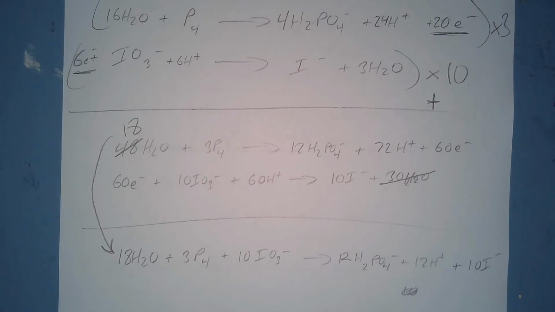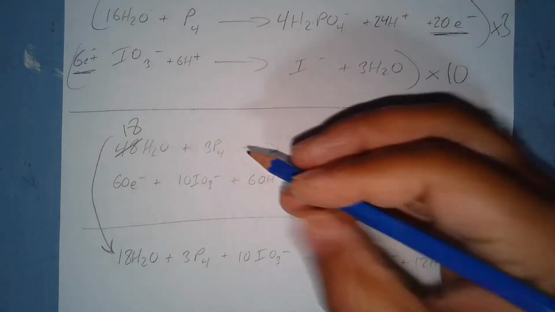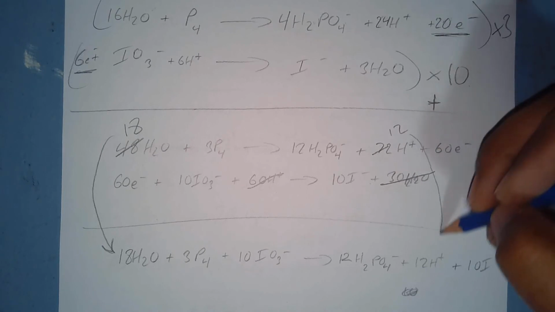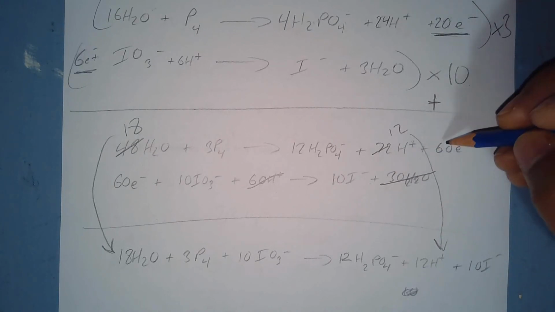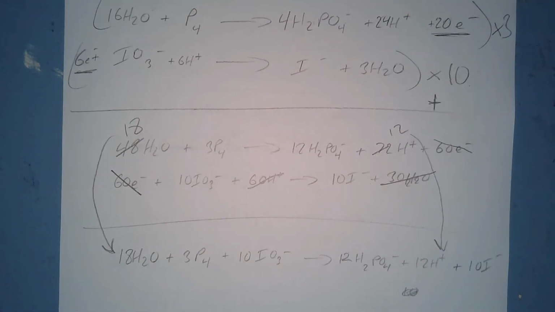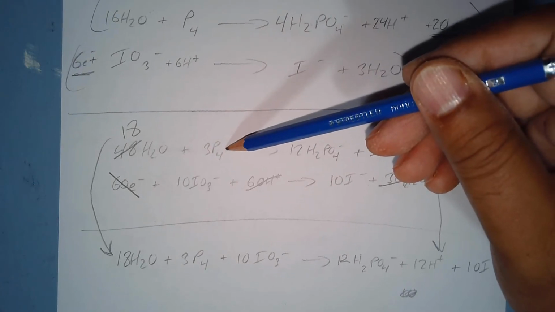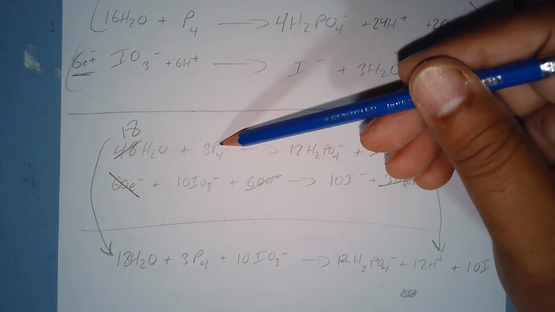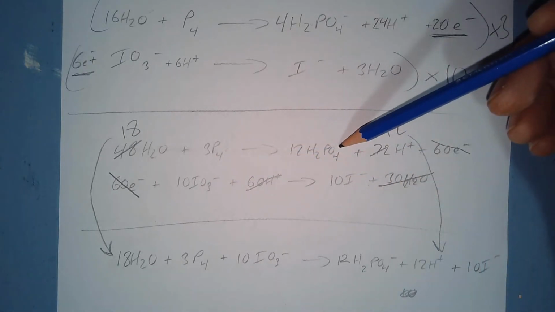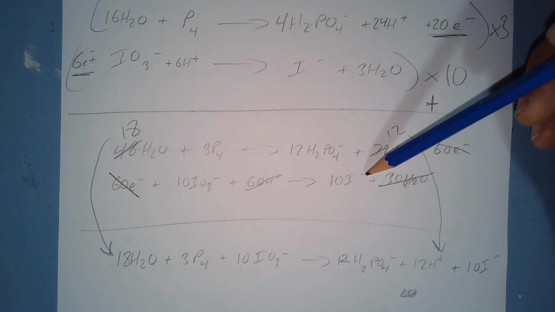You've got 72 hydrogens here and 60 here, so this will go away and you'll be left with 12 over here, which is the 12 here. Notice you have 60 electrons on each side, so that goes away as well. The remaining is the 18 waters, 3 P4, and the 10 IO3 minuses, and on this side the 12 H2PO4 minuses, the 12 hydrogen pluses, and 10 I minus.